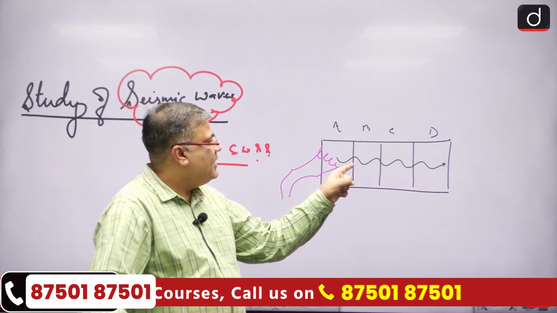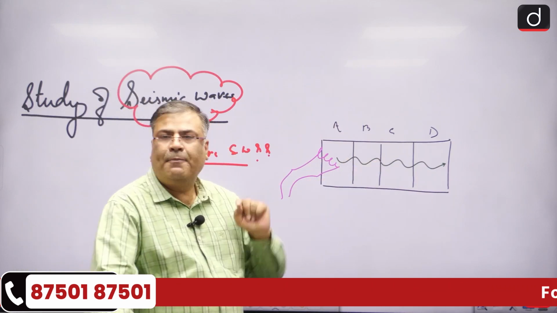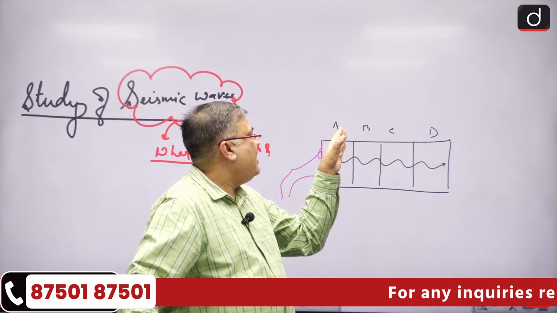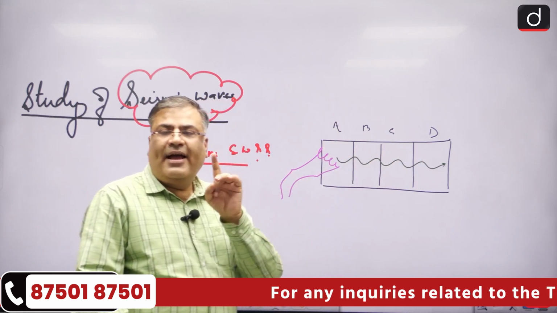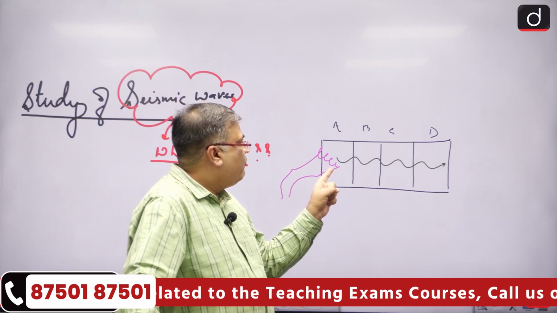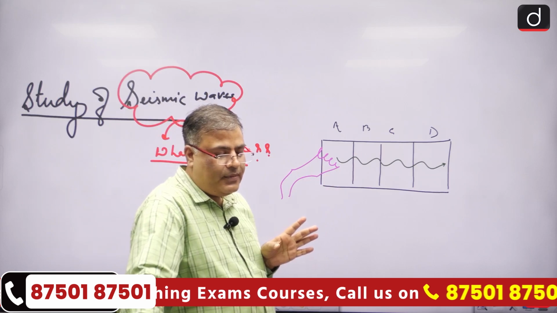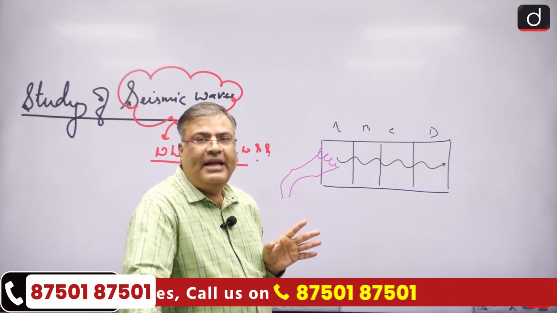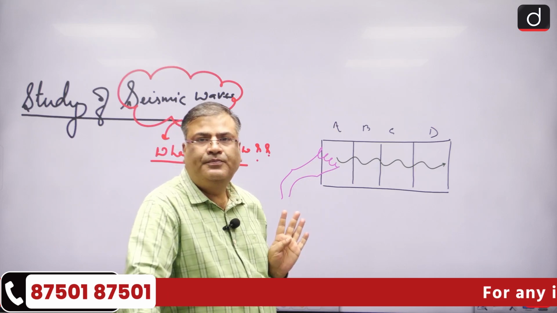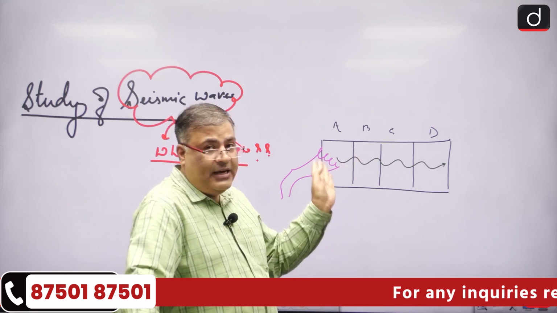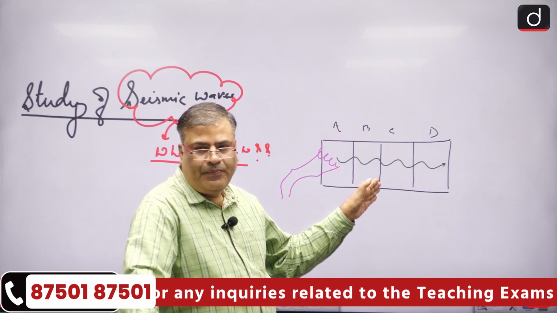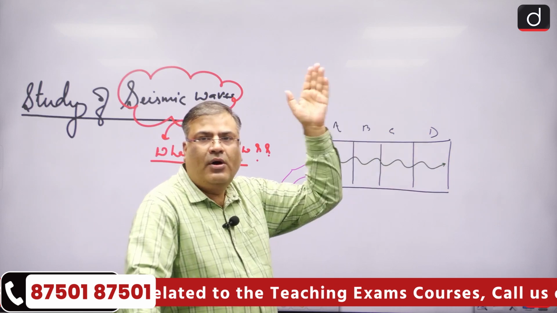Now, if this wave is moving from here to there, then obviously this rocky medium has A, B, C, and D. Why have I given this kind of blocking? Because if the force is not sufficient, then the medium A would exert some resistance and my force would be consumed there only. If it is a little more, then it will not be able to pass through the resistance exerted by B, by C, by D, and so on.